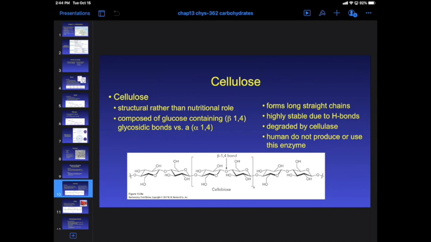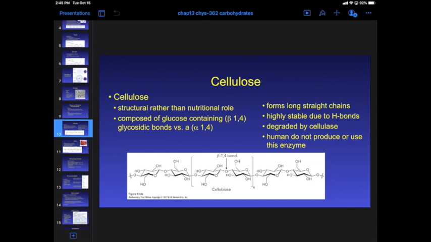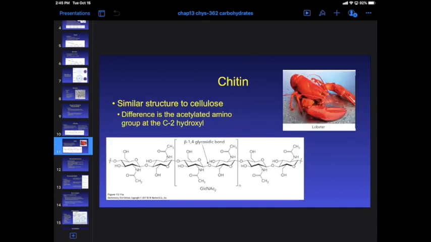Now that's important too, because you do need roughage. You need stuff to push through, or you get all backed up. So you get some benefit from that, but we will not break down cellulose. Why is chitin even more strong?